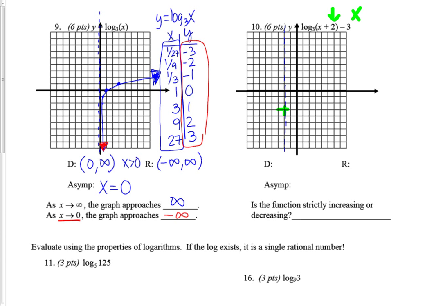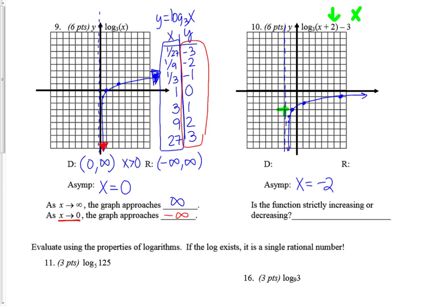It's vertical, so my asymptote is now at x equals -2, and my points were to go over 1 up 0, to go over 3 up 1, to go over 9 up 2, and then I got closer and closer to the asymptote over here in the tail.